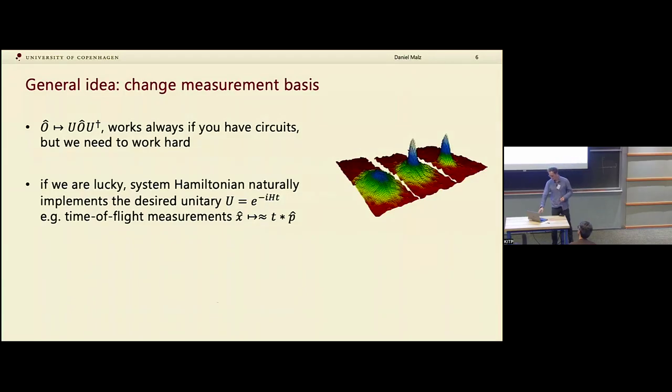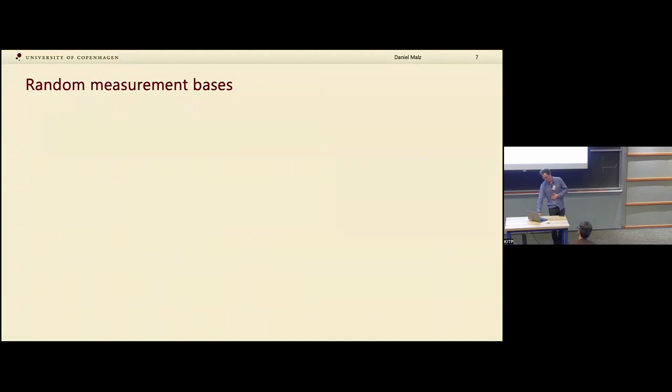But sometimes you don't want to work hard, and you're also not so lucky, so we're looking for other ways you can do this in the specific experimental setting. Even if you can't do very specific circuits, maybe you can do random things. And there's a very powerful idea.